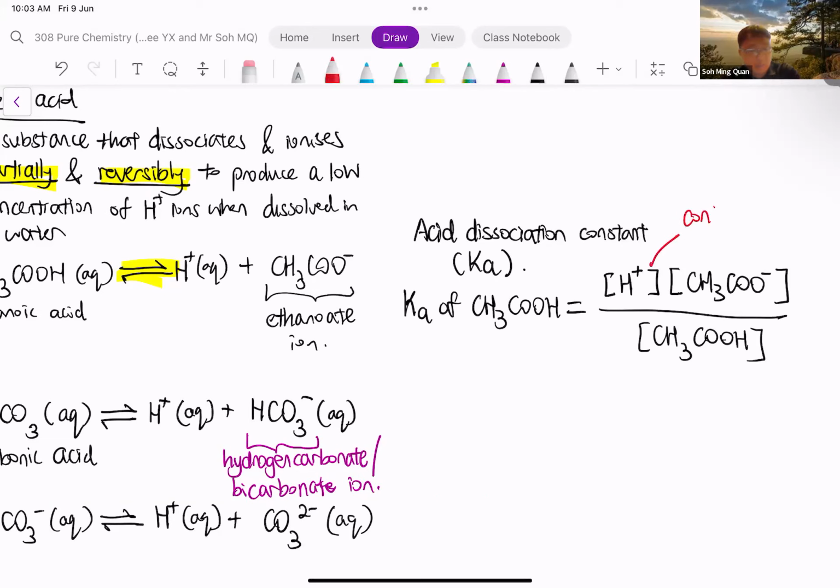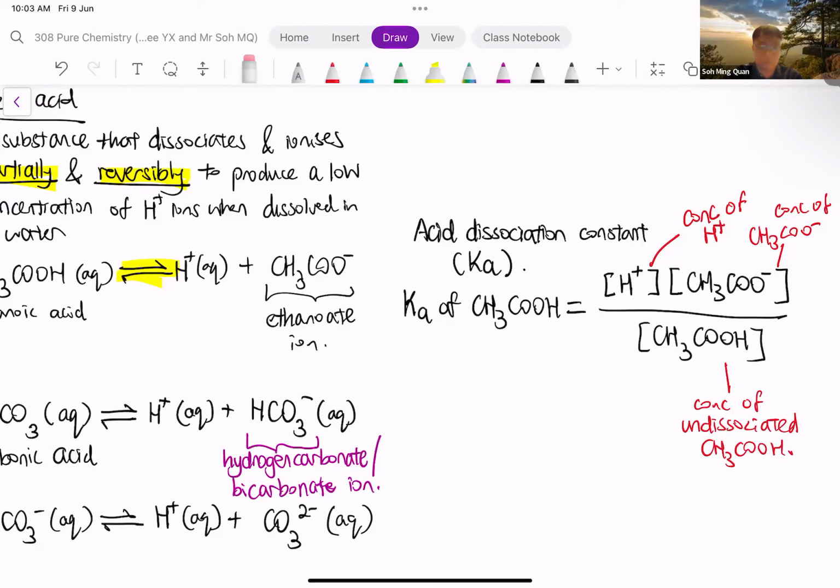Okay, concentration of H+, concentration of ethanoate, concentration of undissociated ethanoic acid. Okay, so that's how you define Ka.